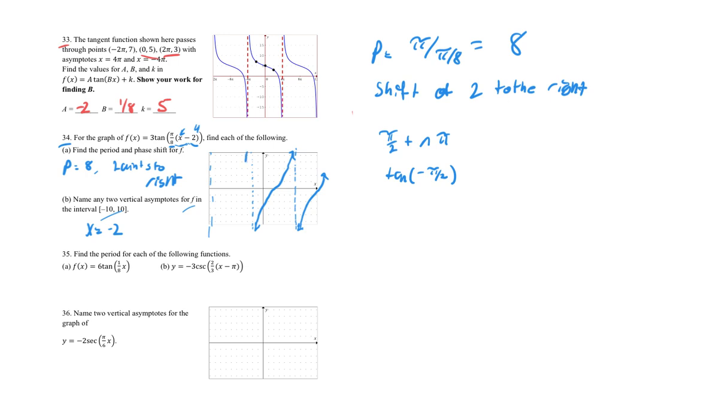Just drawing the lines here. Yep. So x equals -2 and x equals positive 6.